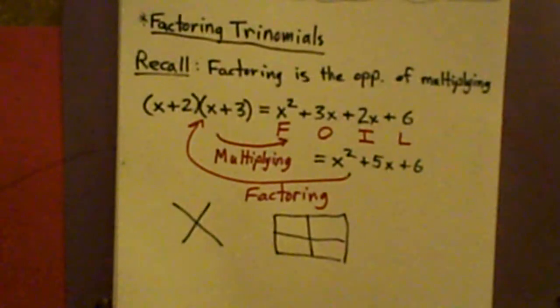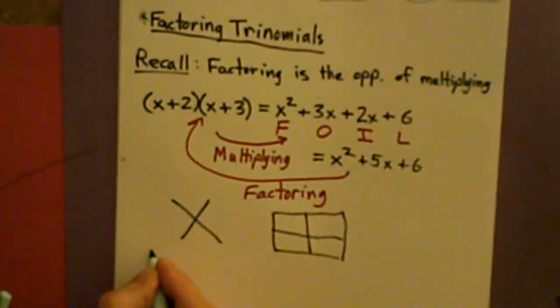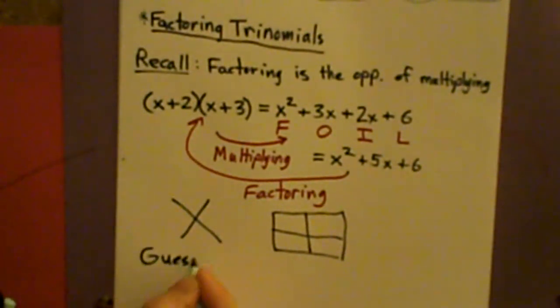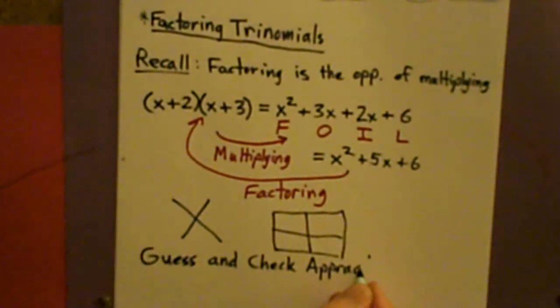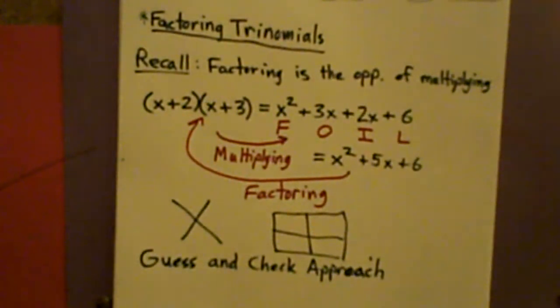But the point is, there are a lot of different methods, and I can't teach you in our class every different method that every teacher taught you. It just isn't feasible. So what we're going to talk about is probably the way you first learned factoring, and that's a guess and check approach. So we're going to be taking a guess and check approach.